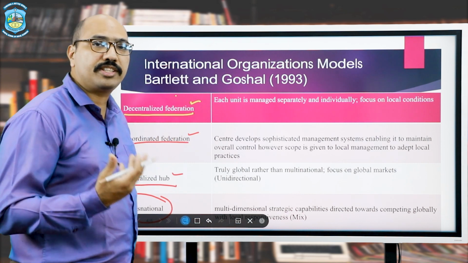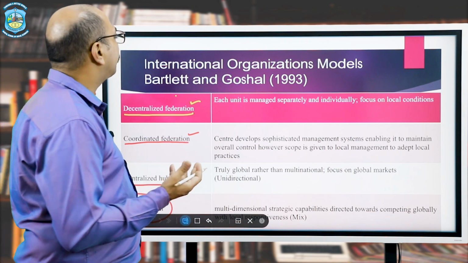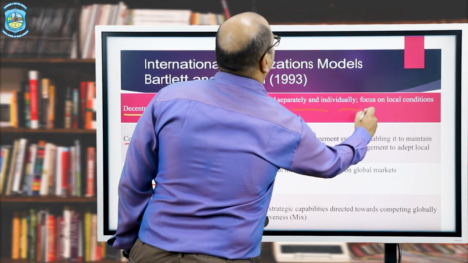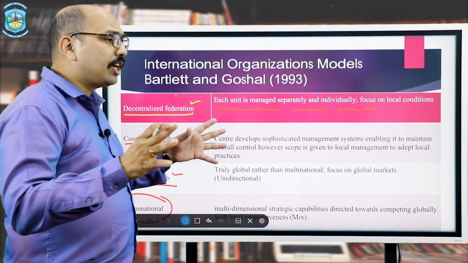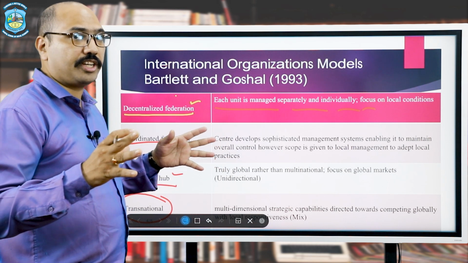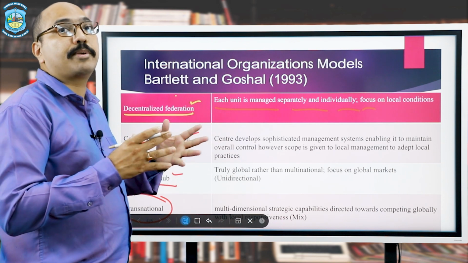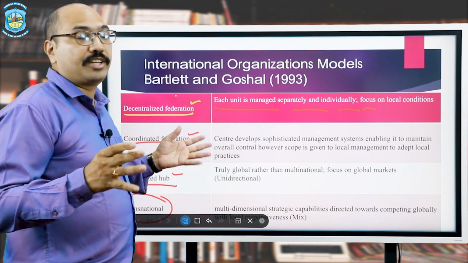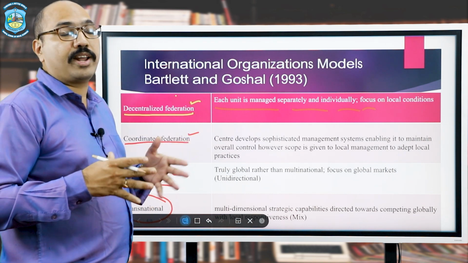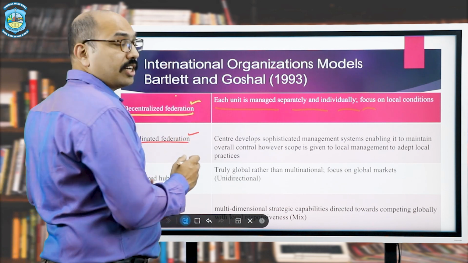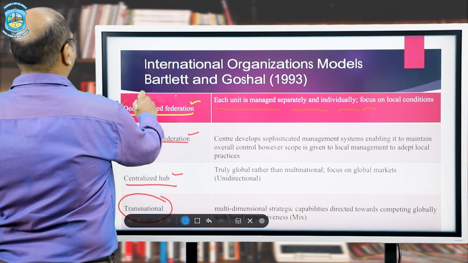The name itself suggests that this model deals with the condition where the company is working in different locations, and these locations are essentially different countries, but every single unit working in a different country is a separate and independent unit. So they are not so much controlled by the headquarters, wherever the headquarter be. Such a situation tells about the model called decentralized federation.